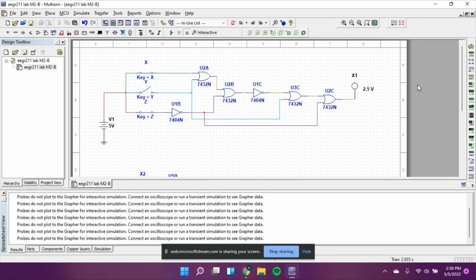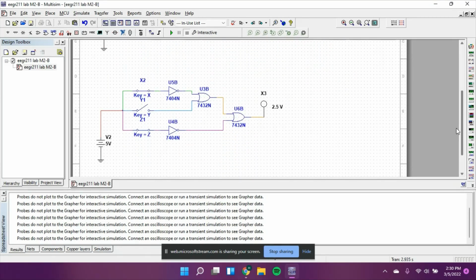And I was also able to build the simplified circuit in the lab and have the input and output of that circuit correspond to the truth tables and the simulated simplified circuit.